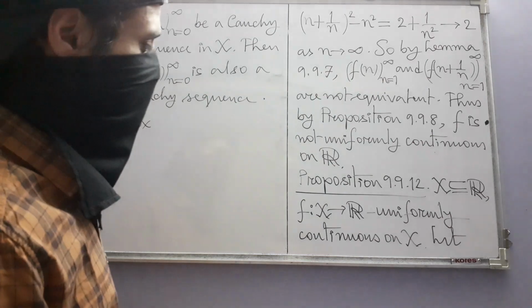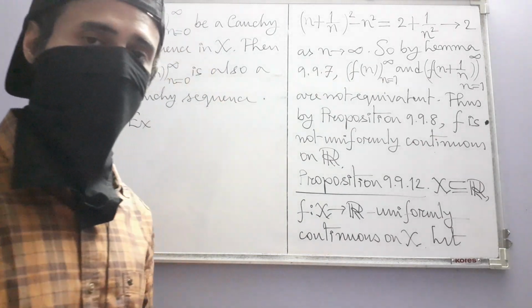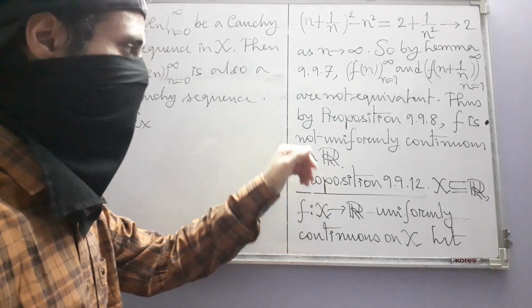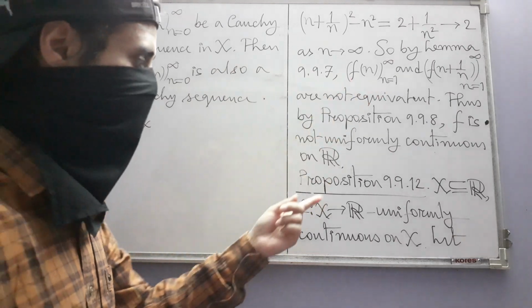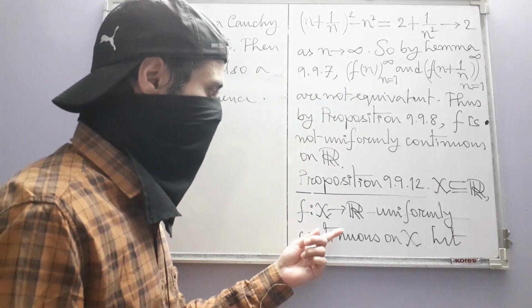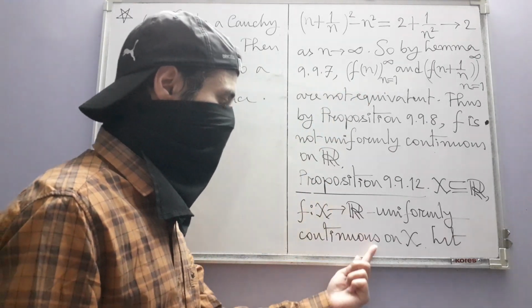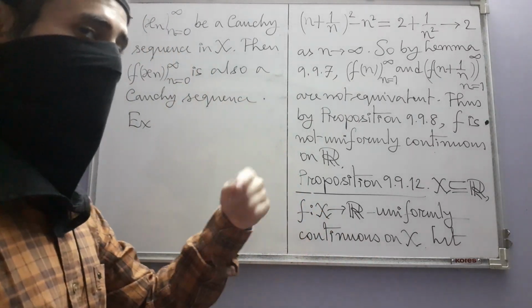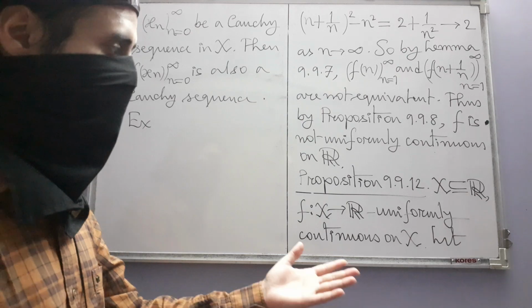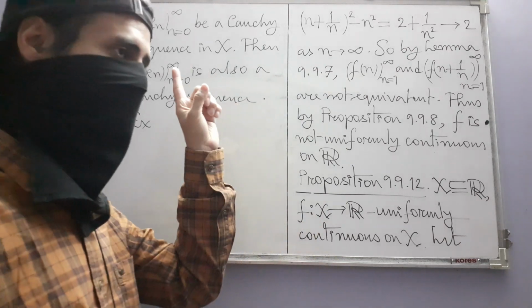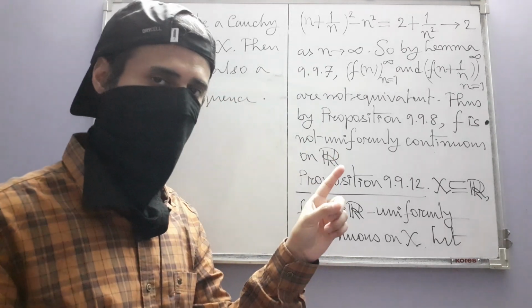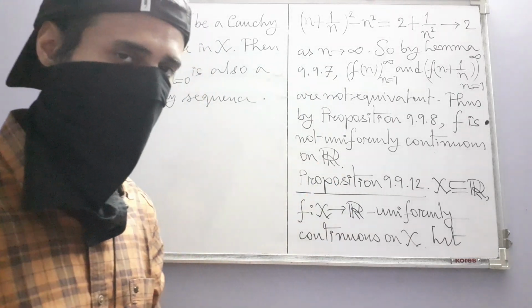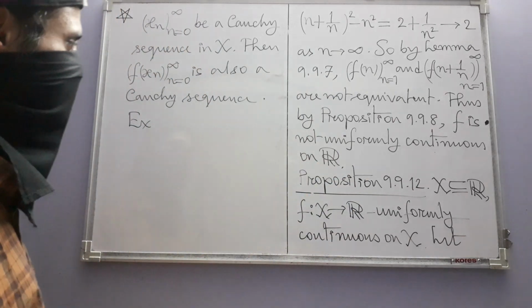Oh, and note one important difference between this result and that equivalent sequence result. Here, if f is uniformly continuous, then the image of a Cauchy sequence is also Cauchy, and that's it. However, in that equivalent sequences formulation, it was if and only if. Okay, so that difference is there.